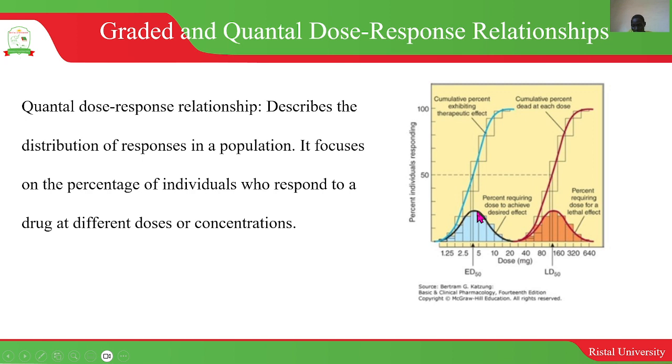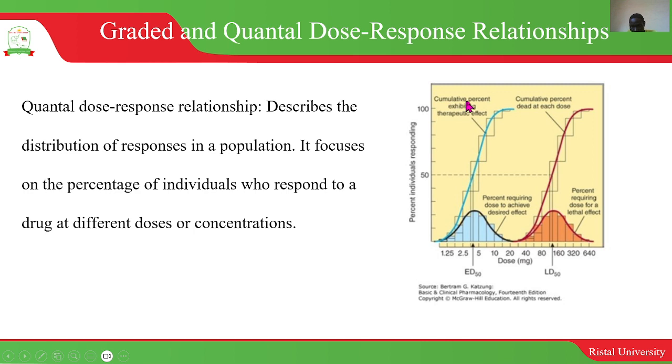Let's look at the graph in blue, for example, and the curve itself. Looking at this y-axis, percentage of people responding, and the x-axis, the increasing quantity, the dosages of our drug. And then we have this population group and also this population group.